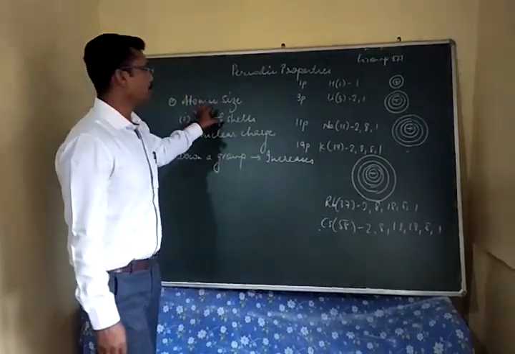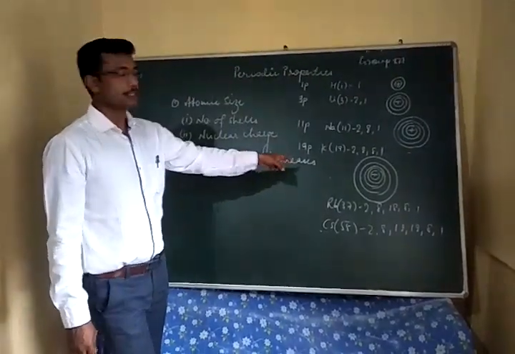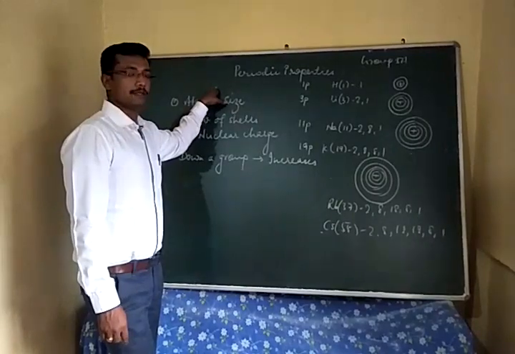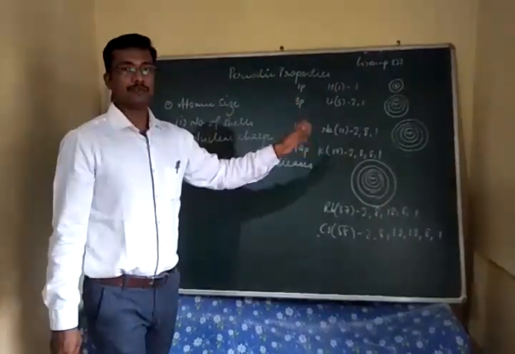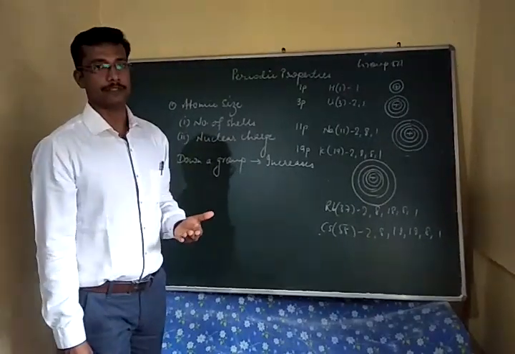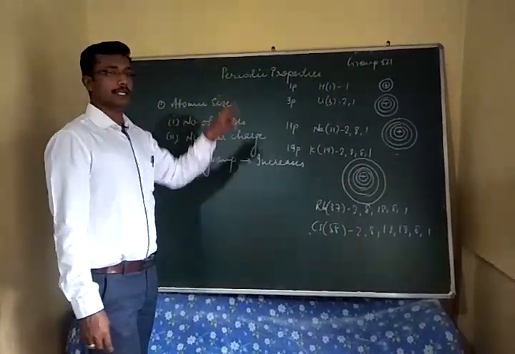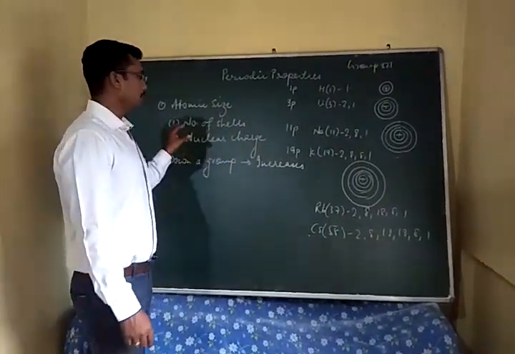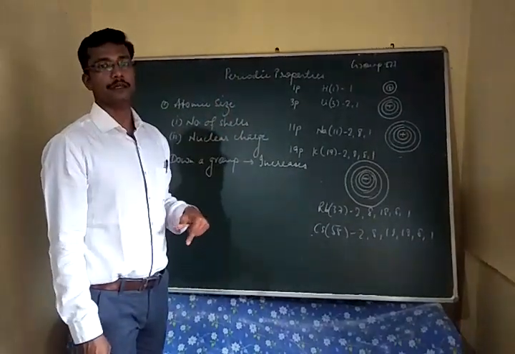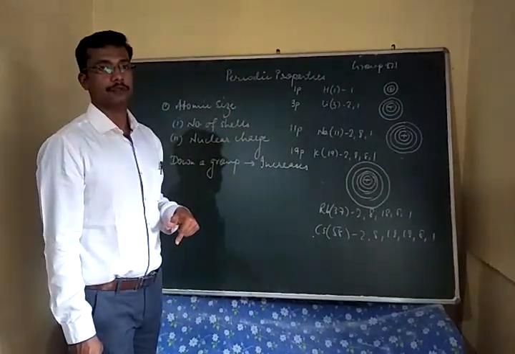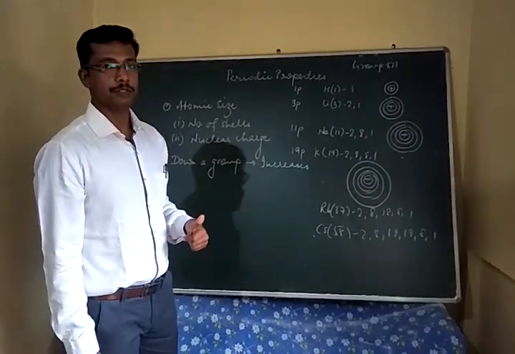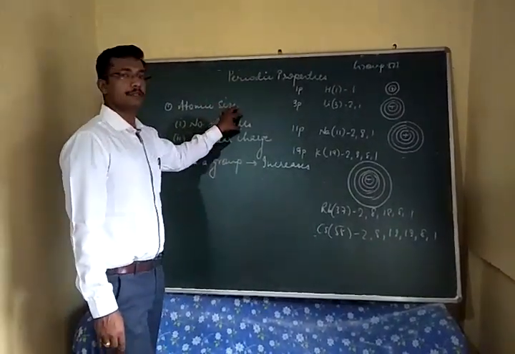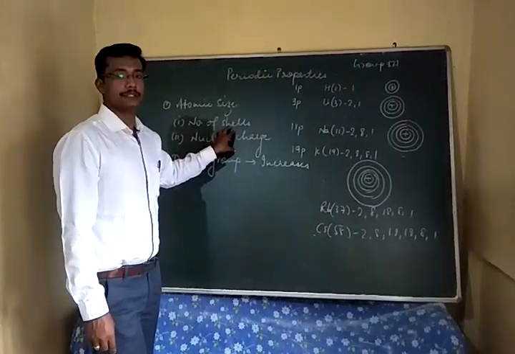One is that the number of shells is increasing, which will increase the atomic size, but nuclear charge also increases, which will decrease the atomic size. So the number of shells is increasing the atomic size and the nuclear charge is decreasing the atomic size. But while moving down the group, it is found that the number of shells dominates over the nuclear charge.